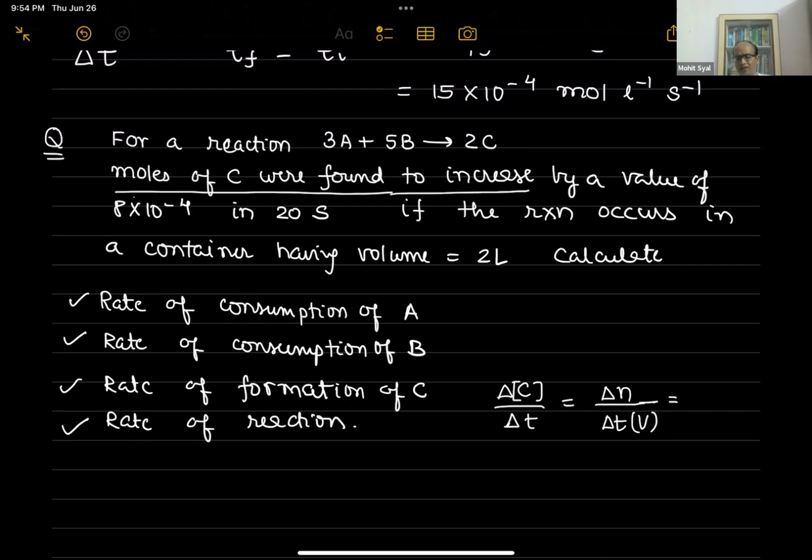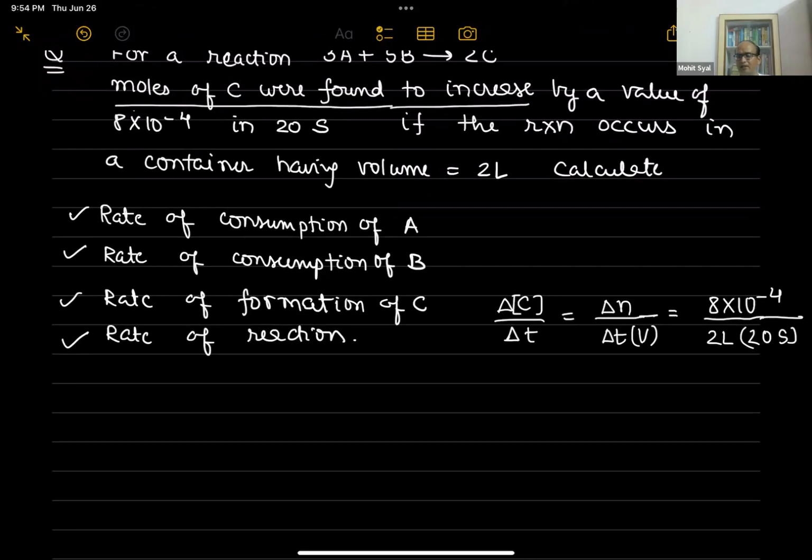Ibrahim, are you getting something? Yes, sir. These are moles. How can you get the concentration, Jovita? If you divide the moles by volume. Volume is how much? 2 liters, right? This is the change. And in how much time? 20 seconds. Got it? Is it clear or not?